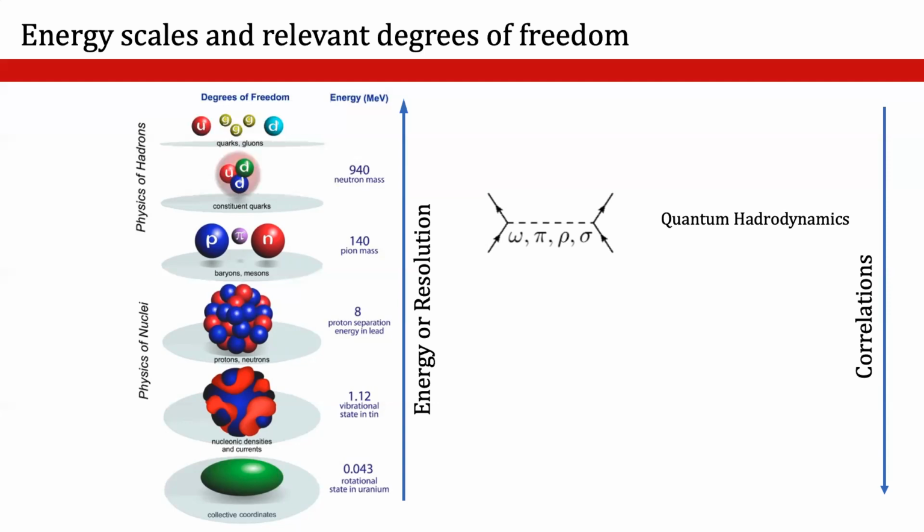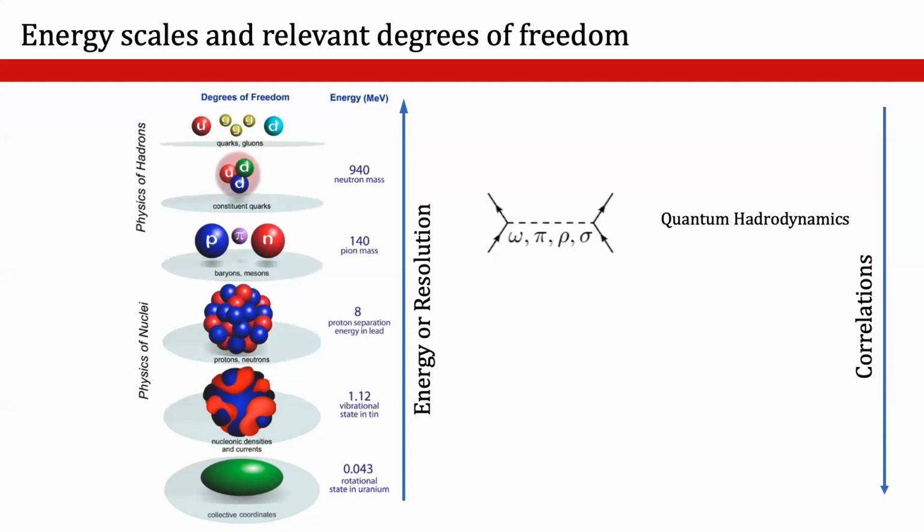Famous examples of physical insight provided by a relativistic treatment are the explanation of the spin-orbit force and the energy-dependent optical potential of nuclear scattering up to 100 MeV, which emerge from the Lorentz structure of the interaction.